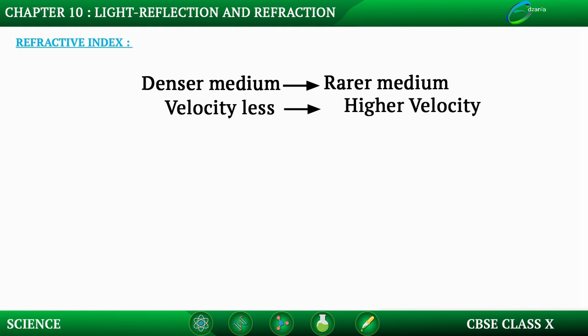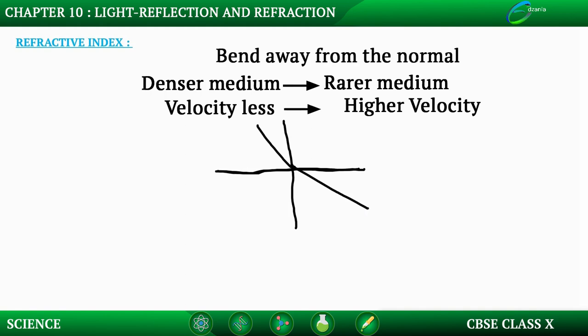So you will agree that light will get faster in the other medium and it will move away from the normal. So in this combination, the light bends away from the normal. We have seen an example with the glass slab, when light emerges from the slab into the air.